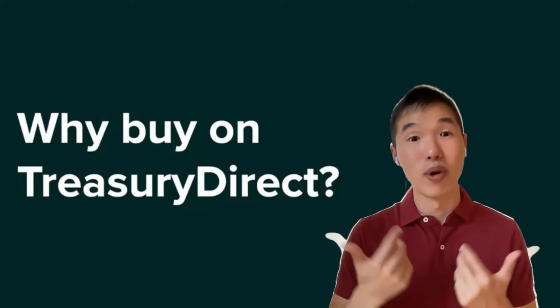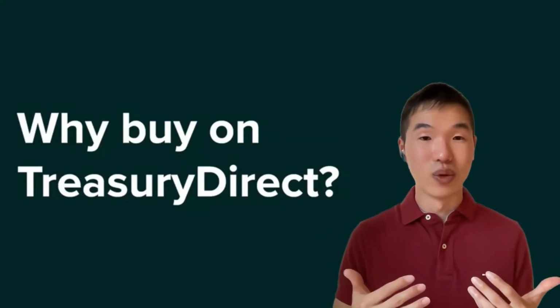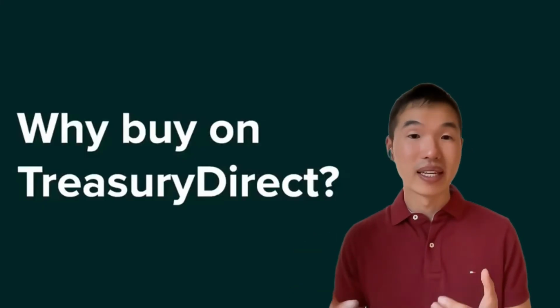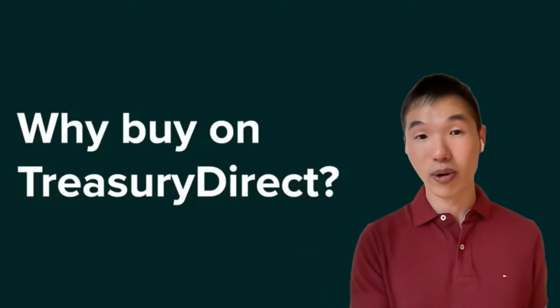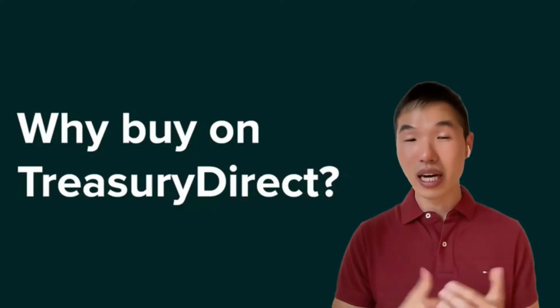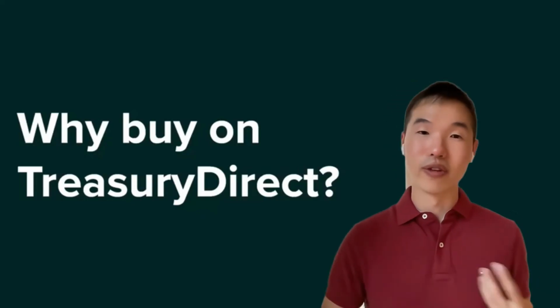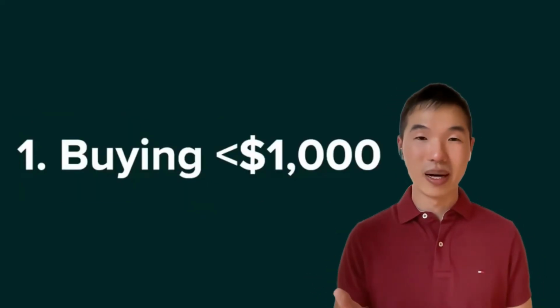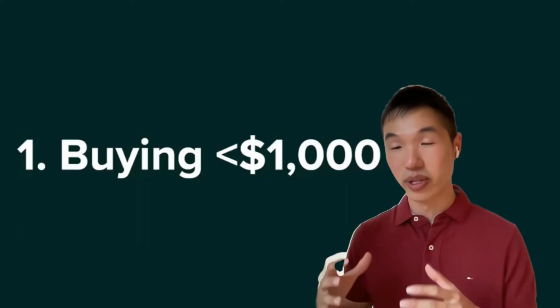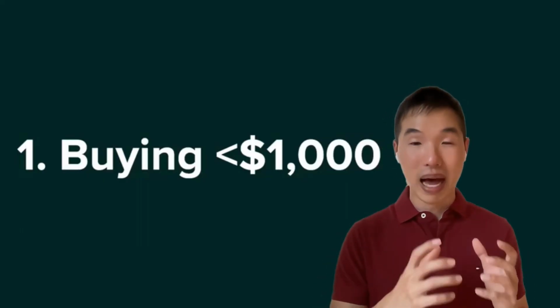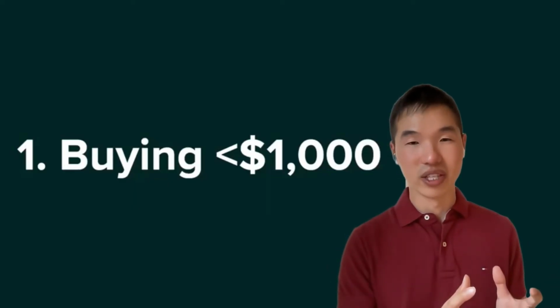So the process of buying on Treasury Direct is fairly straightforward, as it is to buy T-bills on brokerage accounts. So the question then is, why buy on Treasury Direct versus buying on a brokerage like Fidelity? So there are a couple reasons you may want to do one versus the other. The first is when it comes to buying on Treasury Direct, you can buy amounts that are less than $1,000.